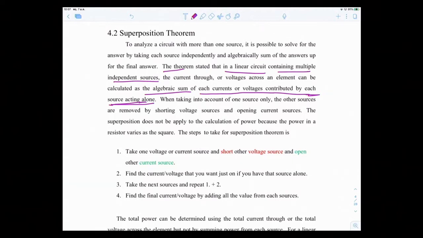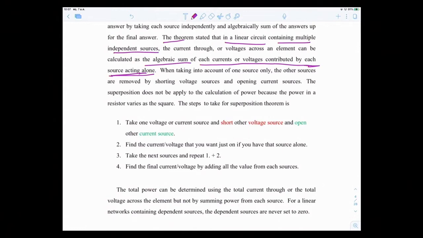So the steps are: you take one source, it could be a voltage source or a current source. To turn off the other sources in your problem, if those sources are voltage sources, you short them. If those other sources are current sources, you open them.